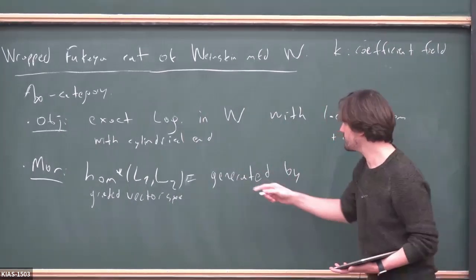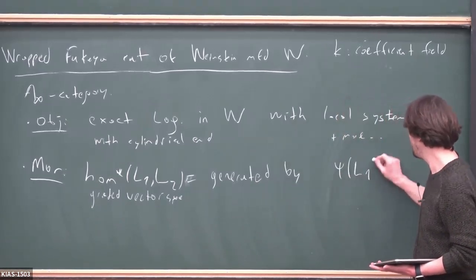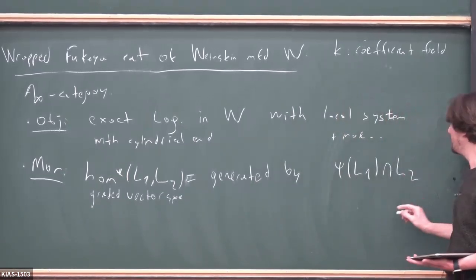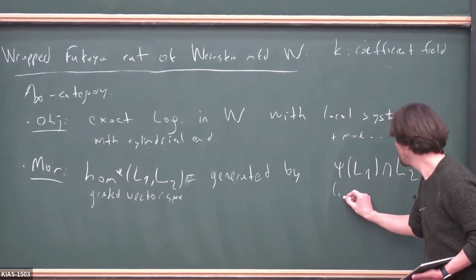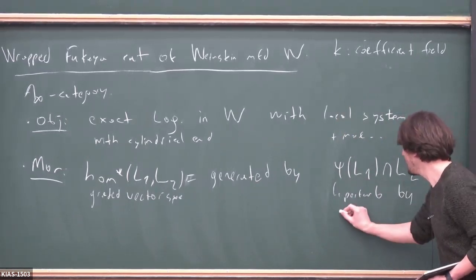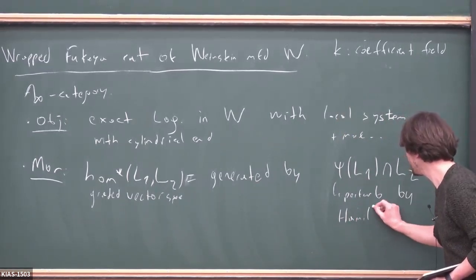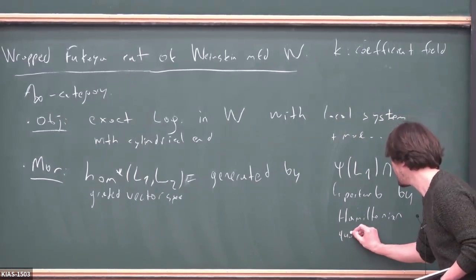So these morphisms are generated by the intersections of those two Lagrangians. But you need to perturb the first Lagrangian by a Hamiltonian which is quadratic at infinity.